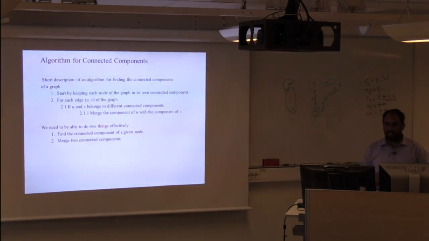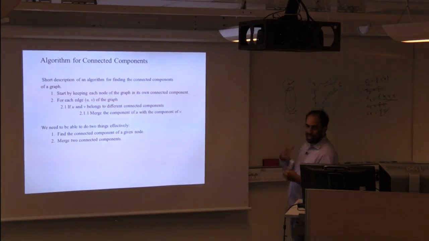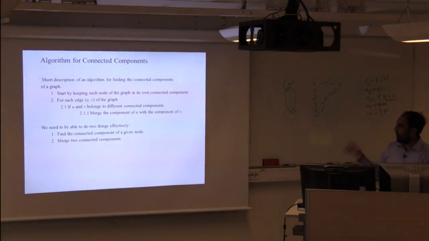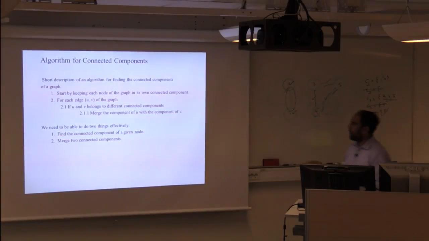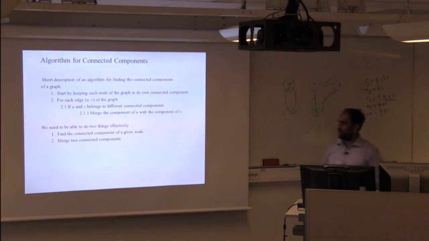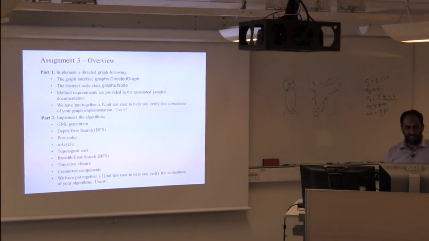So in this way you can find the components by starting with each node in its own partition, then going through the edges, checking if they belong to different connected components or not, and then merging them. What is important is that you find the connected components and merge the two connected components together. Okay, so that was something about the graph data structure.